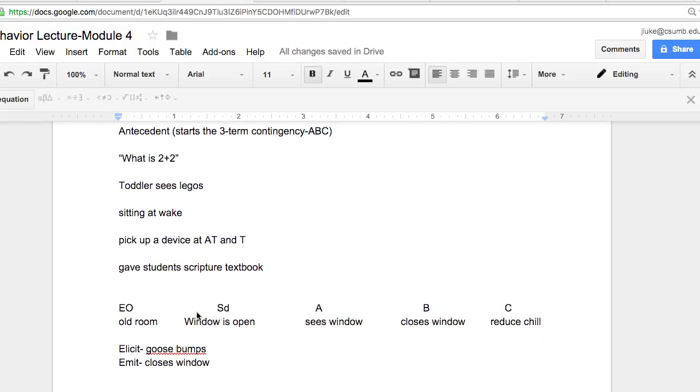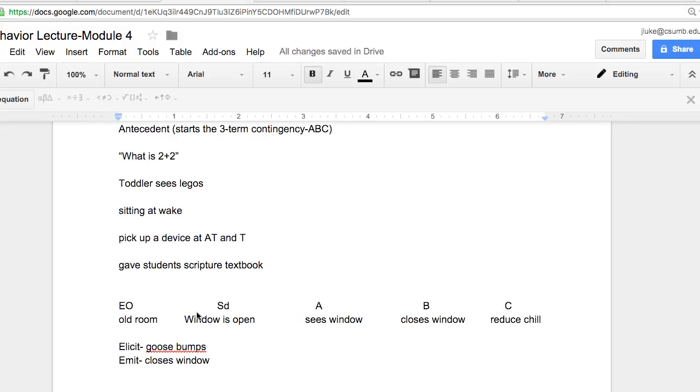So let's look at a little bit in full sequence here. So our establishing operation is that we're cold. We're in a cold room. The SD is that the window is open, signals that reinforcement is possible. The antecedent, person sees the window.